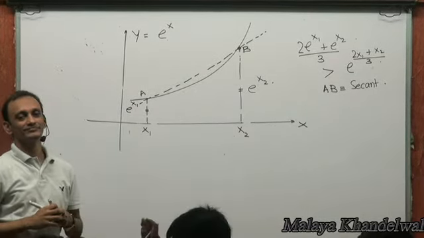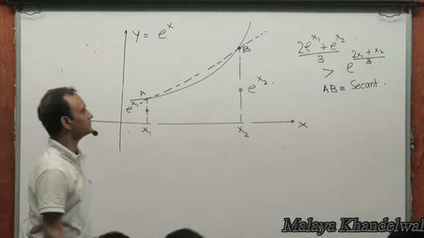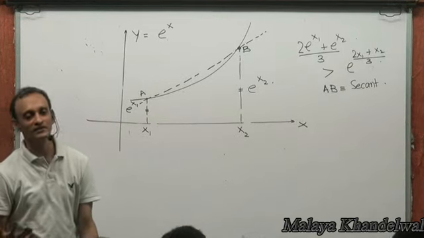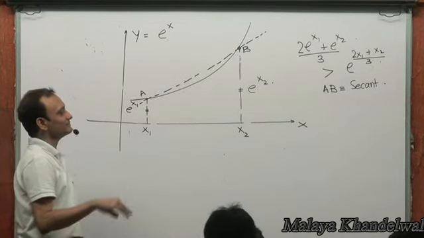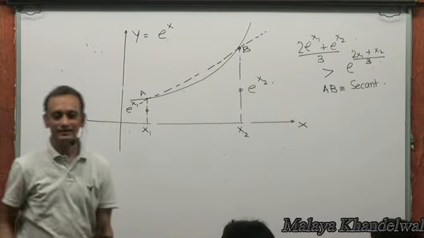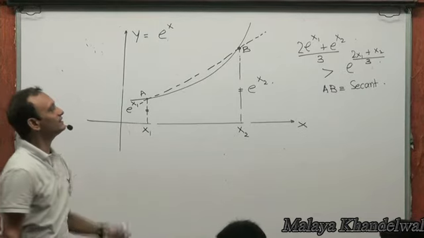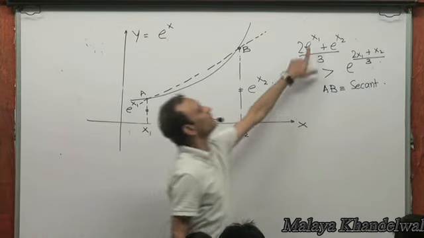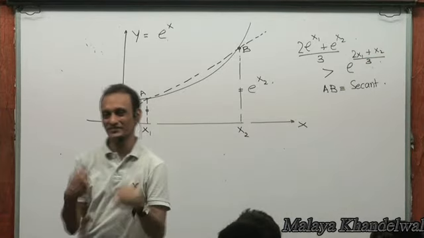It will not matter. I mean, one of them has to be larger than the other one. It will not make any difference. You'll see that in a short while. I mean, if I replace x1 by x2, then this will become x2 and this will become x1, isn't it? What difference will it make?